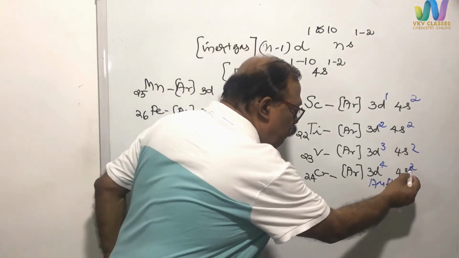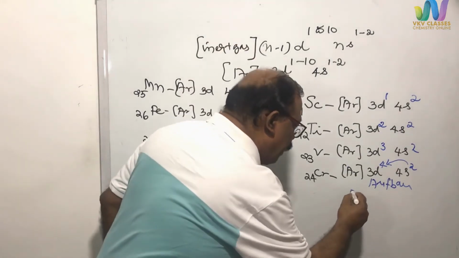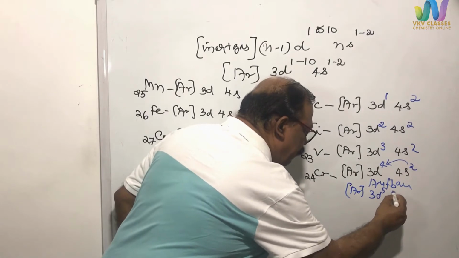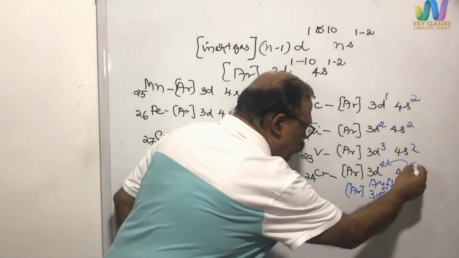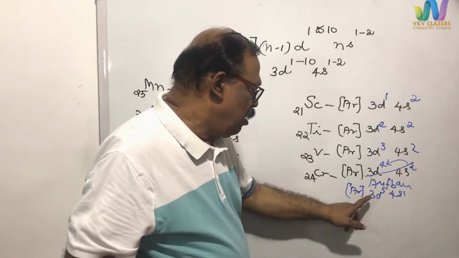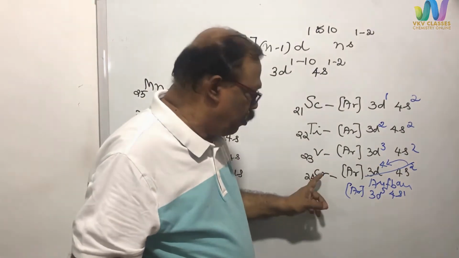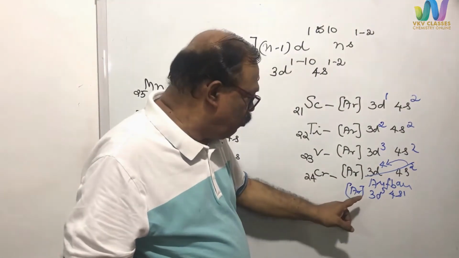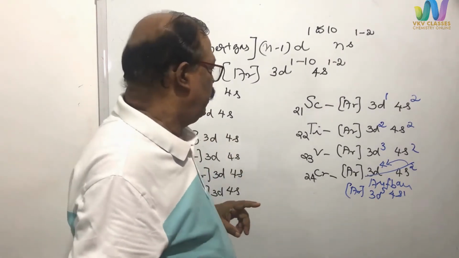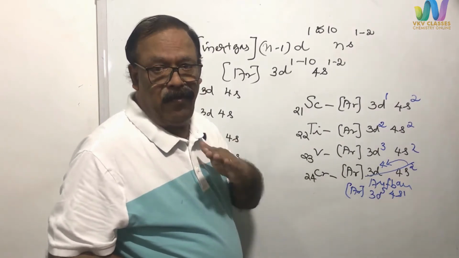So one electron from the s goes over to the d orbital, and the configuration becomes argon 3d5 4s1. So this is not the configuration 3d4 4s2. The configuration is argon 3d5 4s1 for chromium. This configuration is against the Aufbau principle. Here d5 is, as I told you, exactly half filled.